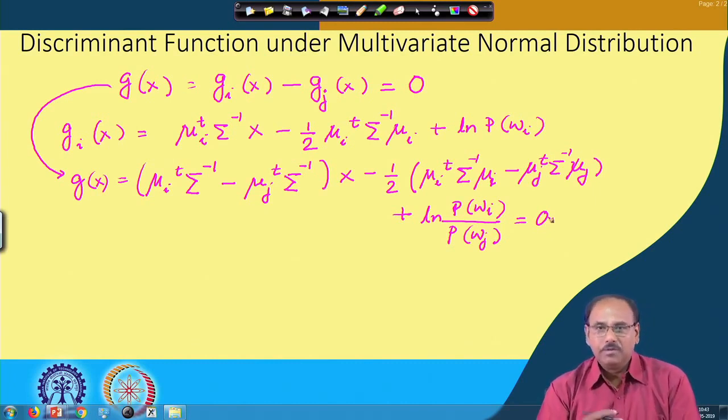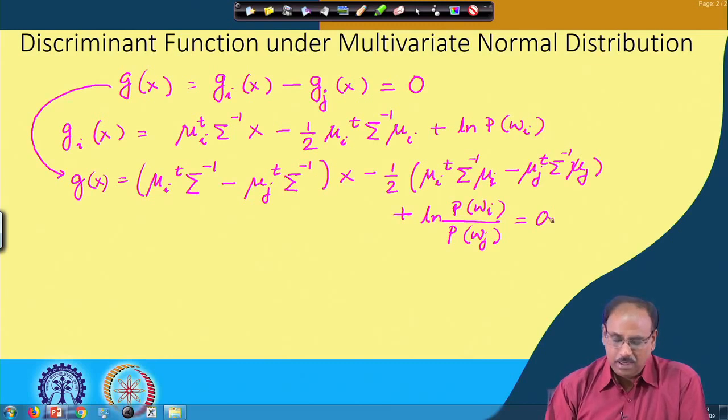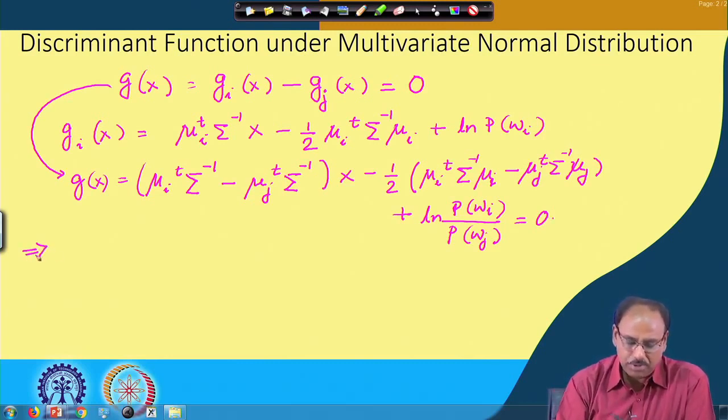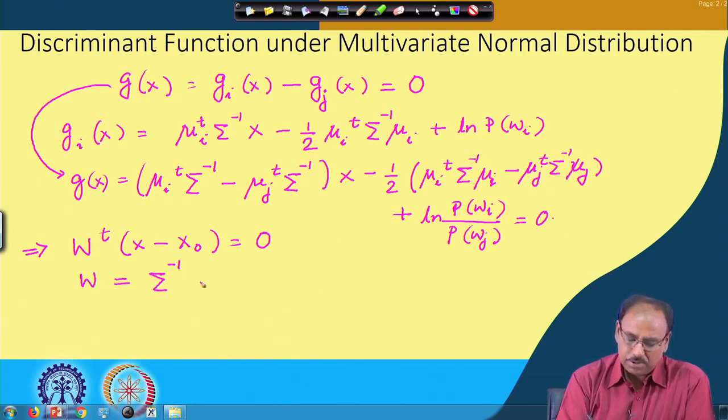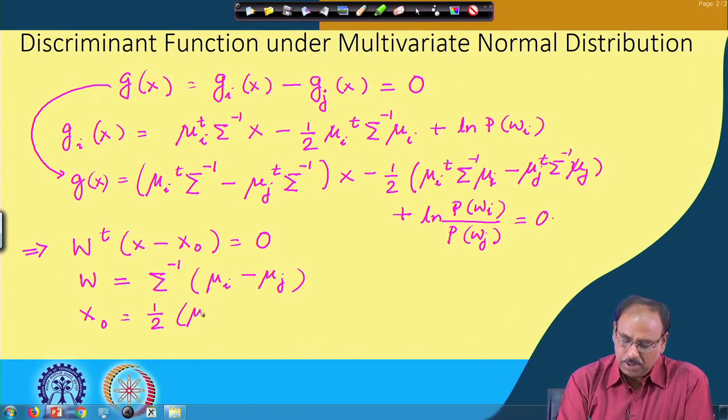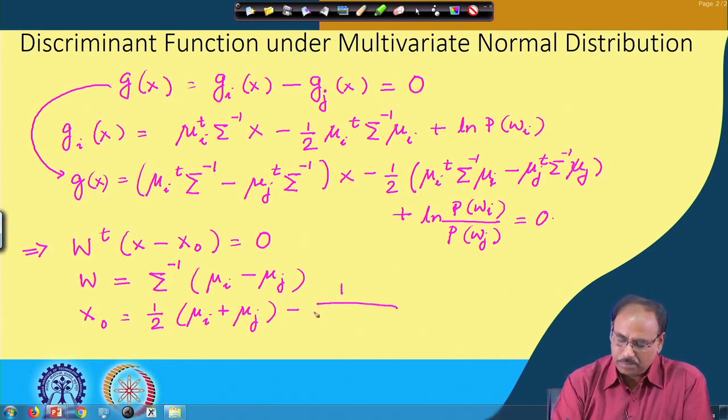If you simplify in the same way as done earlier, this leads to an equation of the form W transpose (x minus x_0) equal to 0, where W is given by sigma inverse (mu_i minus mu_j), and x_0 is given by half of (mu_i plus mu_j) minus 1 upon (mu_i minus mu_j) transpose sigma inverse (mu_i minus mu_j).